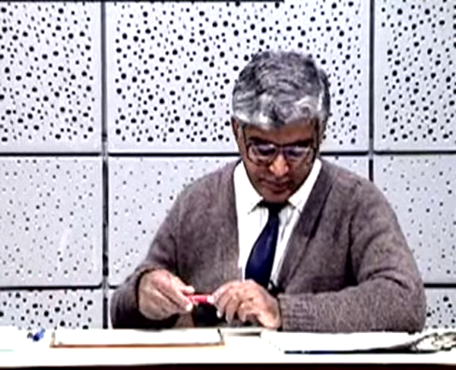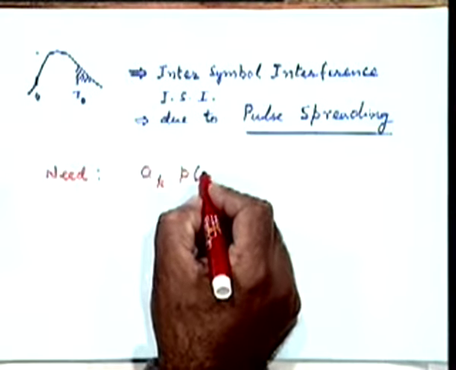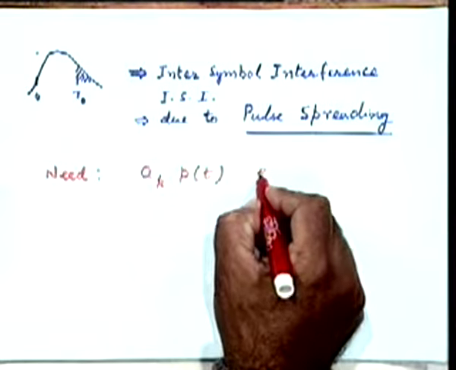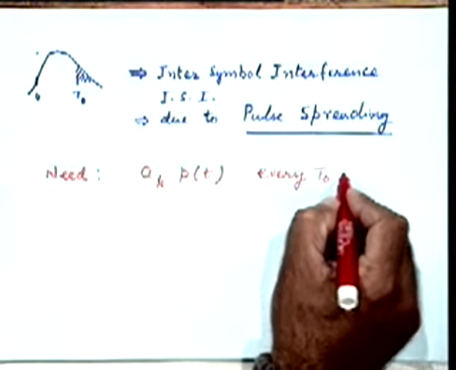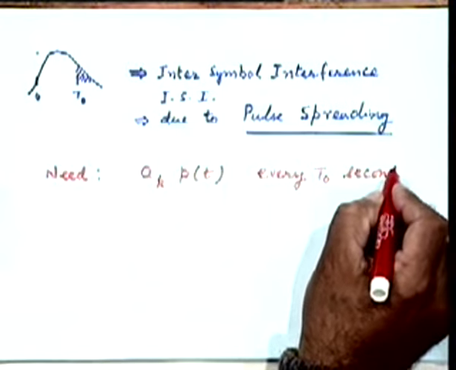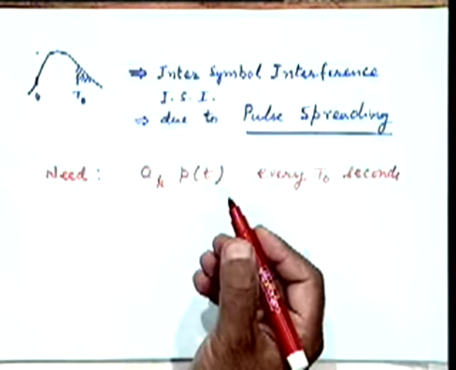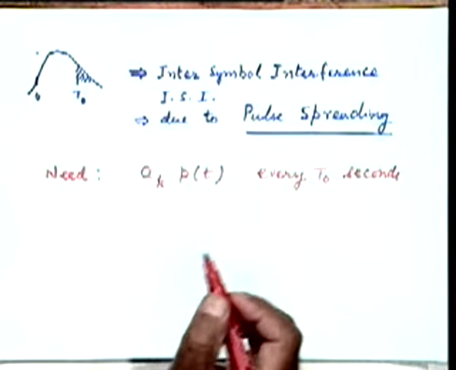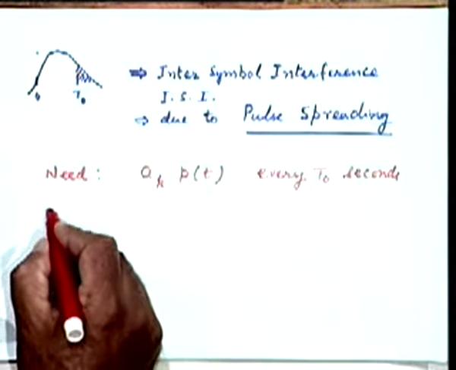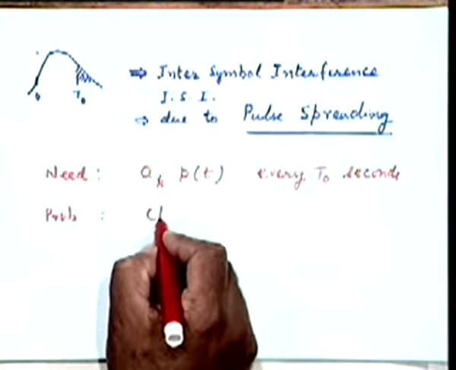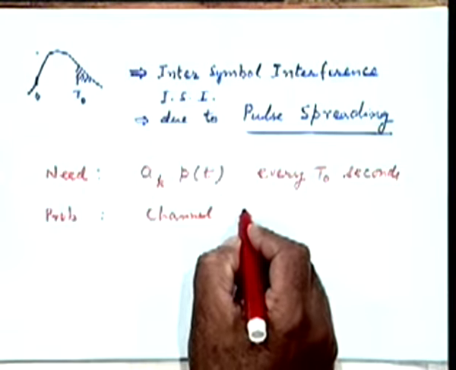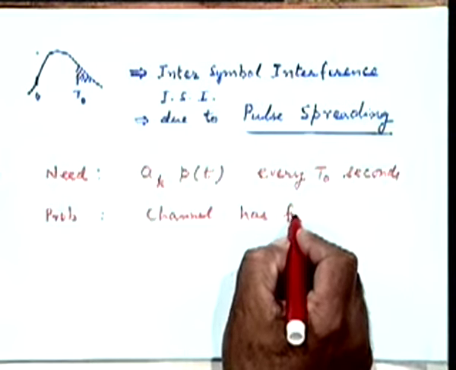Right? Therefore, let's take stock of what we have discussed so far. What is our need? Our need is to transmit pulses of the kind AK into PT every t0 seconds. Alright? So AK is the amplitude of the pulse that you want to transmit in this particular time interval. The problem is the channel has finite bandwidth. Okay?